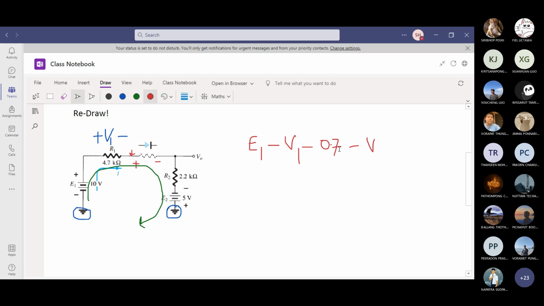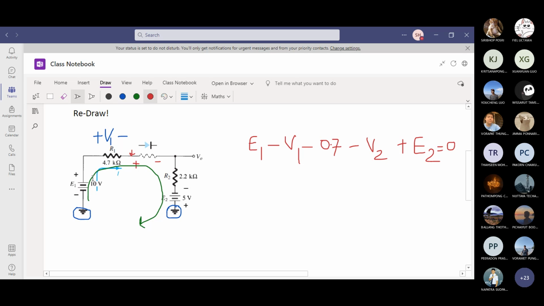Yes, plus minus, correct. Now, is it plus or minus E2? The outer sign is plus. Plus E2 equals 0. Does everyone get up to this point? This is the KVL equation of this circuit. Does everyone understand up to this?